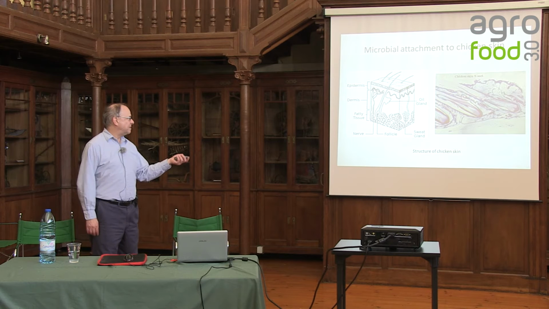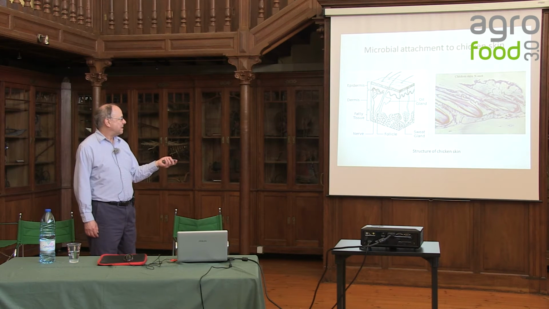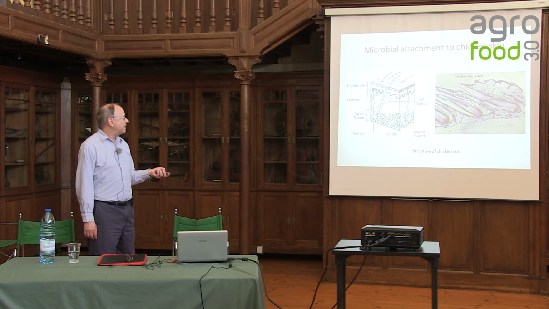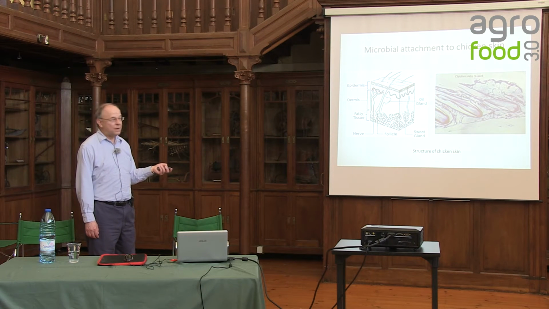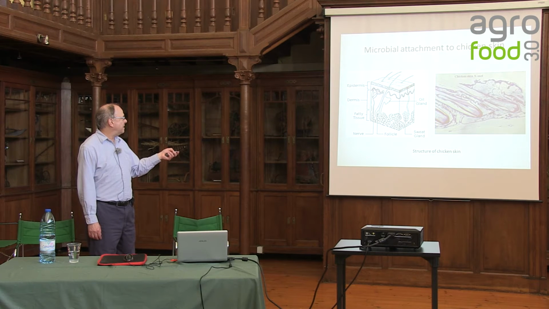And these are just some diagrams here. This is an actual microscopic image, and that's kind of the cartoon image. So your chicken skin has this epidermis area, and then you've got these feathers coming out and kind of a deep follicle here. Underneath you have the dermis and some fatty tissues.